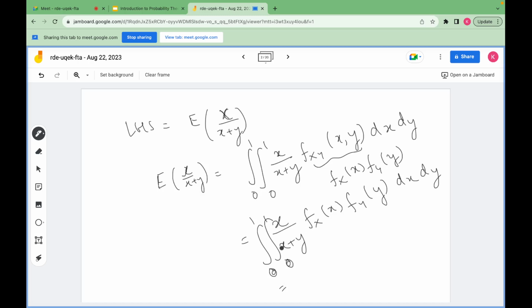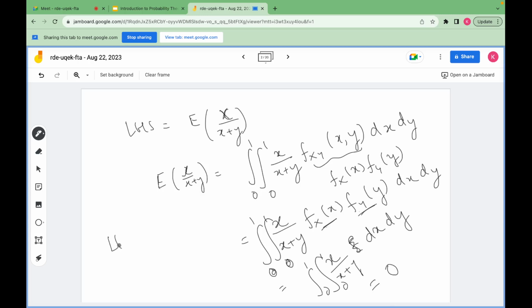When you solve this, f_X and f_Y are nothing but 1, because X and Y are uniform distribution. So this will become the integral of X upon X plus Y dx dy, 0 to 1, 0 to 1. We will see that this comes out to be 0.